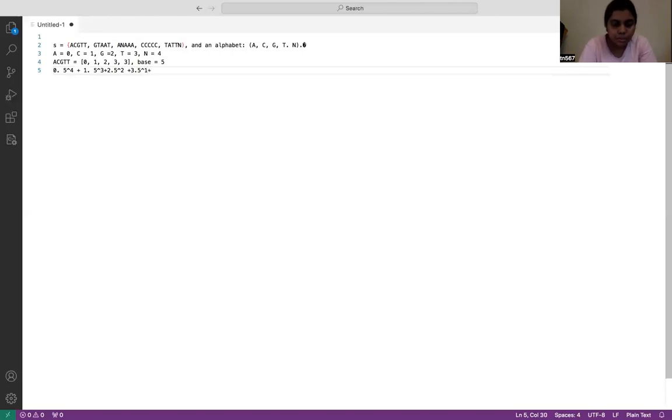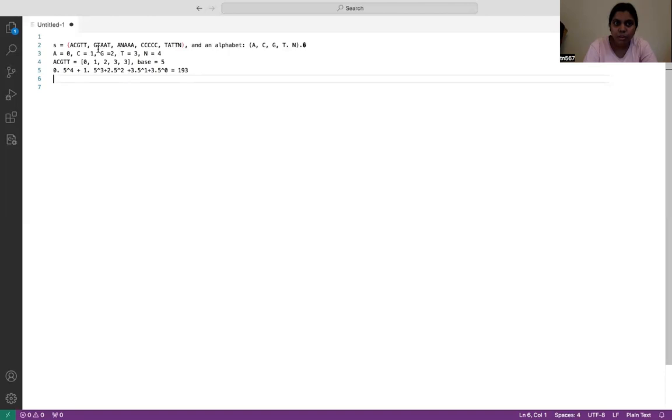And for the next alphabet it's going to be 3 into 5 to the power of 0. Likewise, we have converted the first string. When we calculate this, we get 193. So for the first string, we have converted it into a single number.